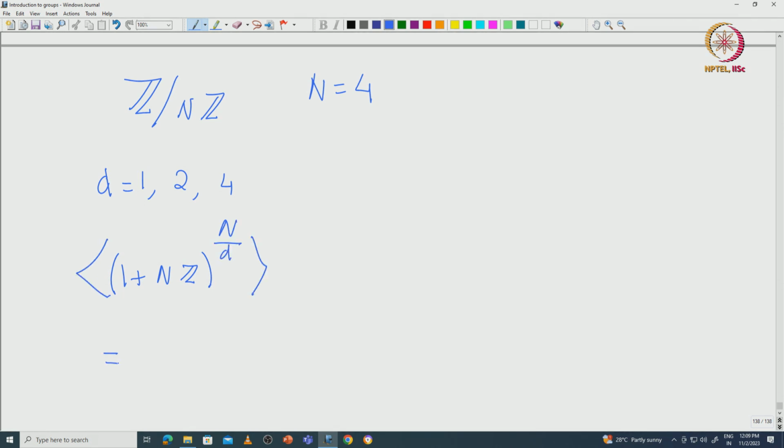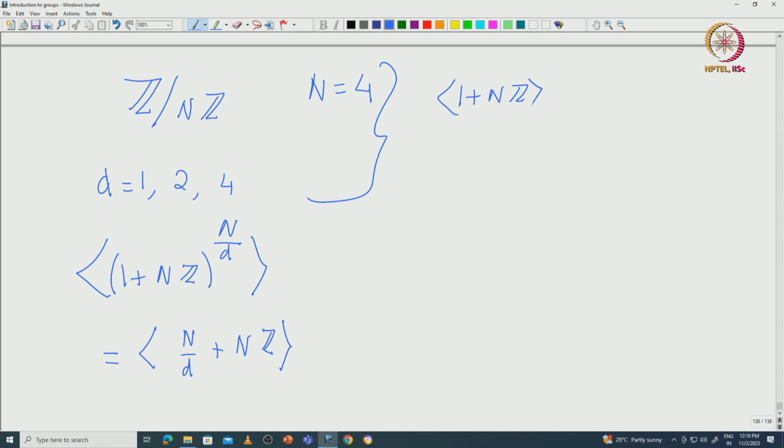But if you think about it, if you write it in the exponential notation, you are basically adding this 1 plus nZ, n by d times. So, that means the subgroup here, n by d, corresponds to the coset (n by d) nZ. Okay. So, in particular in this case you have 1 plus nZ.